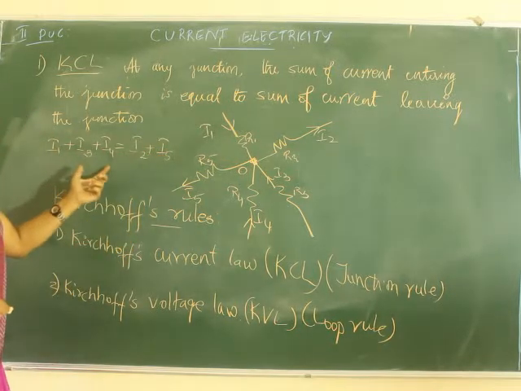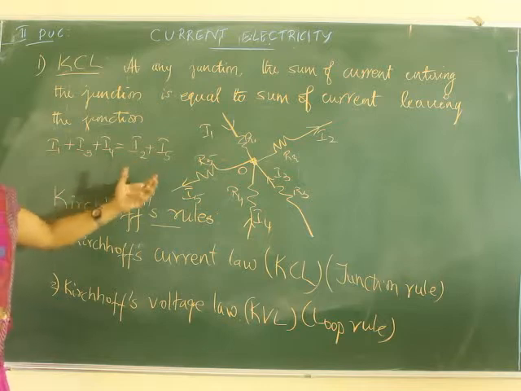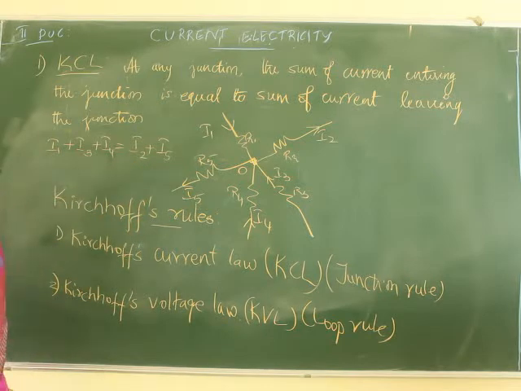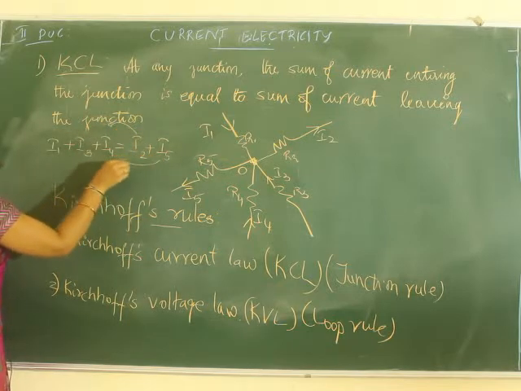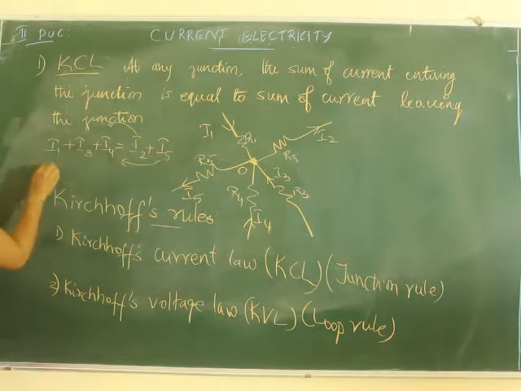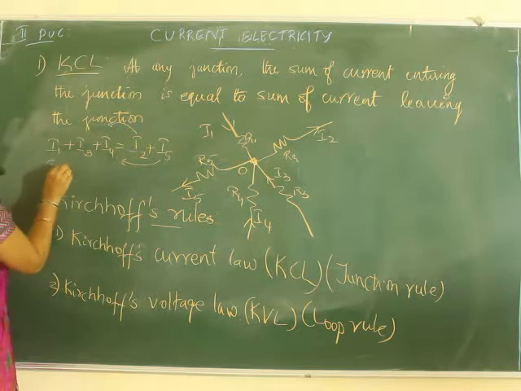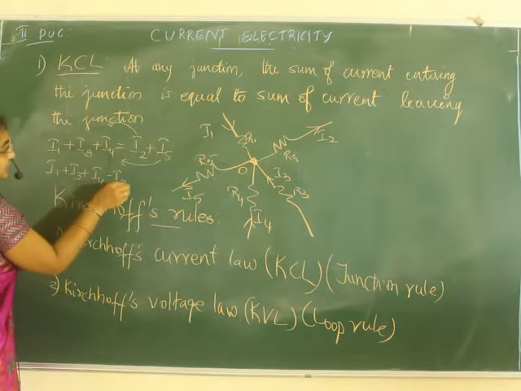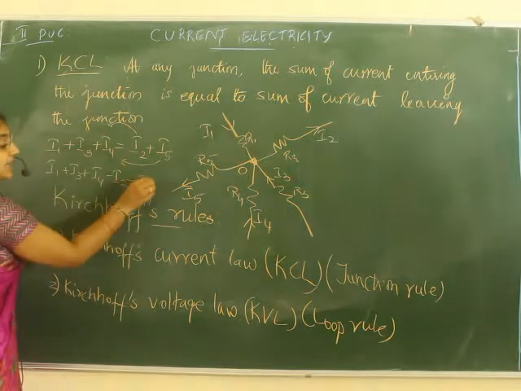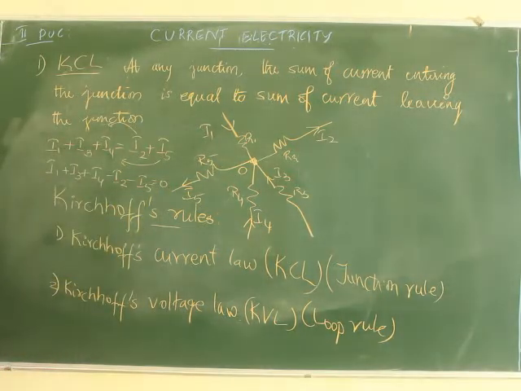Sum of the current entering the junction is equal to sum of current leaving the junction. If we take these two inside, then what do we get? I1 plus I3 plus I4 minus I2 minus I5 is equal to 0.